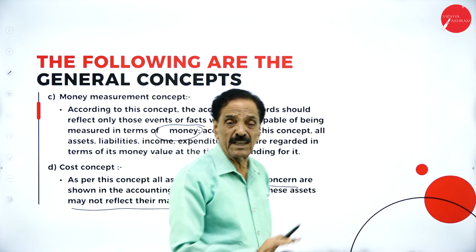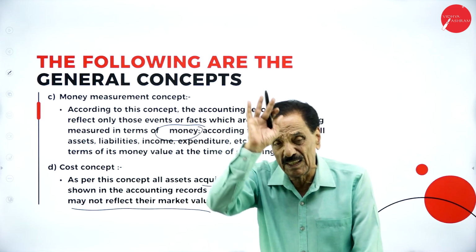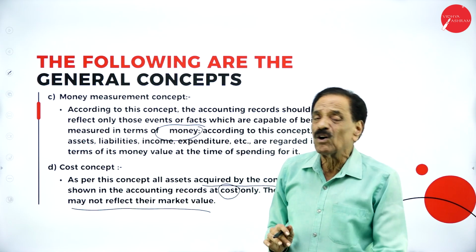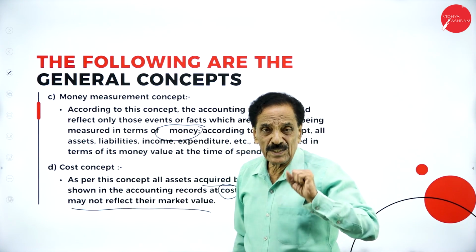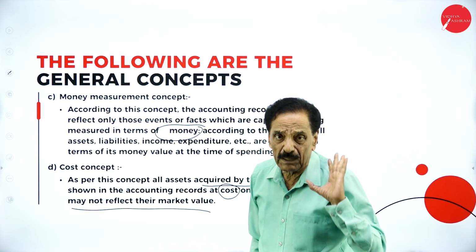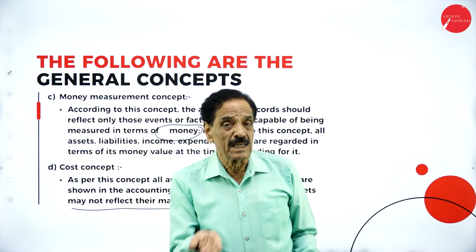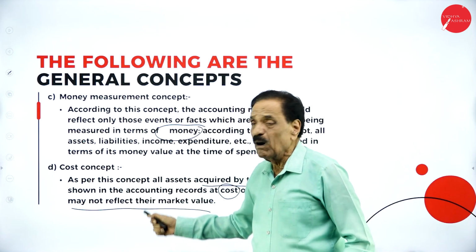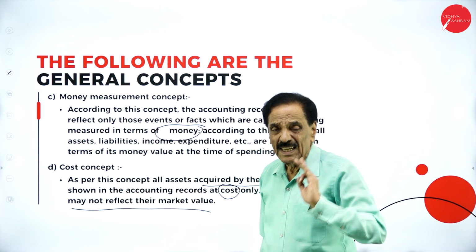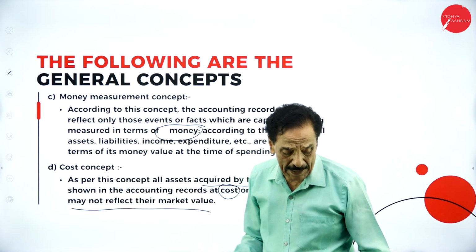The question of market value does not arise; we take into consideration only the cost of the asset. Here, all things have been measured in terms of money only. Here, all assets are recorded at cost price only. There is no question of market price.